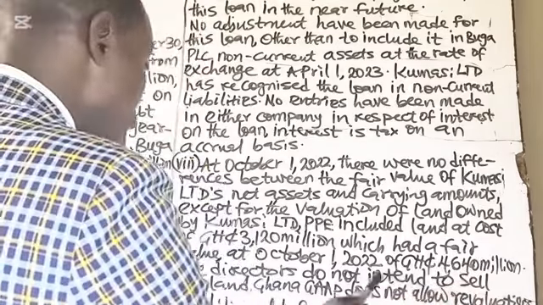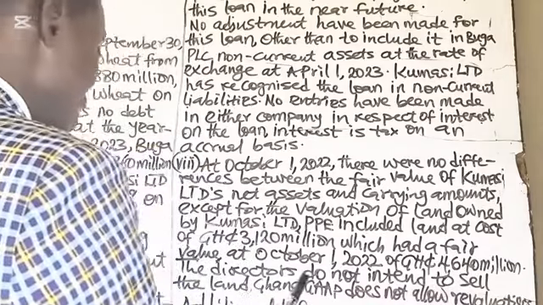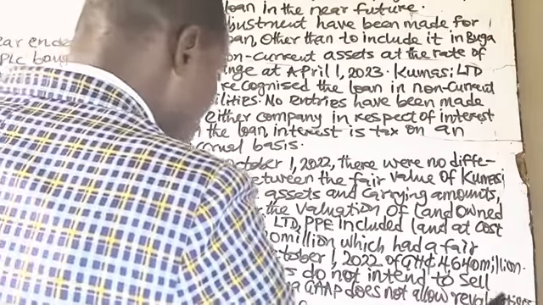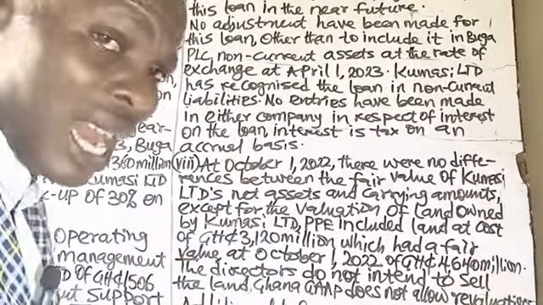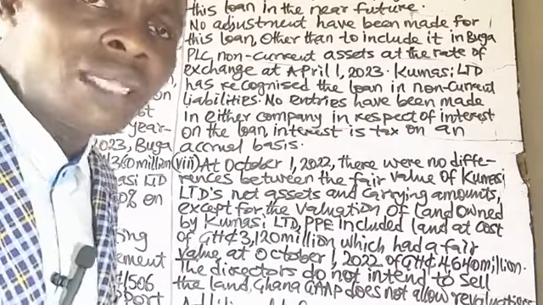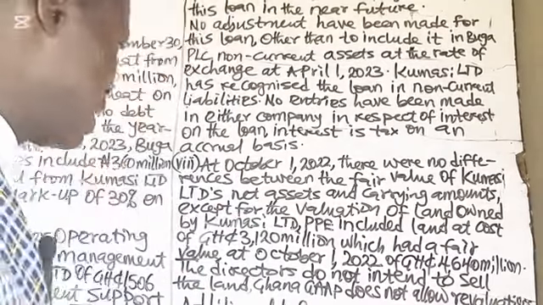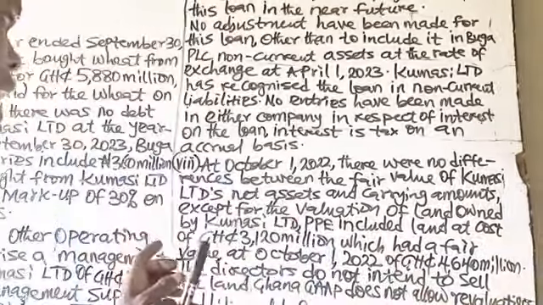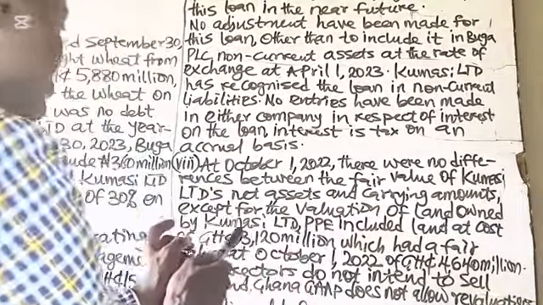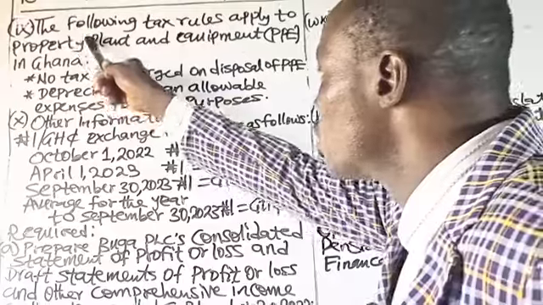The directors do not intend to sell the land. Ghana GAAP does not allow revaluations. So since this is land, and land is not a depreciable asset, there is nothing that will affect the statement of profit or loss in respect of this note.